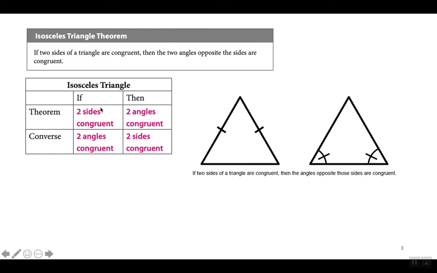And the converse is when you just switch them around, if you remember from previous lessons. The converse is that if a triangle has two angles that are congruent, then their two sides got to be congruent.